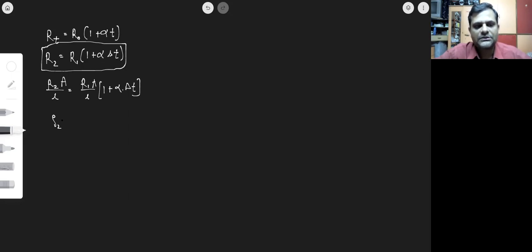Specific resistance, or we can say resistivity at high temperature, rho 2 here, which will actually be rho 1, that is the resistivity at low temperature, into 1 plus alpha into change in temperature.